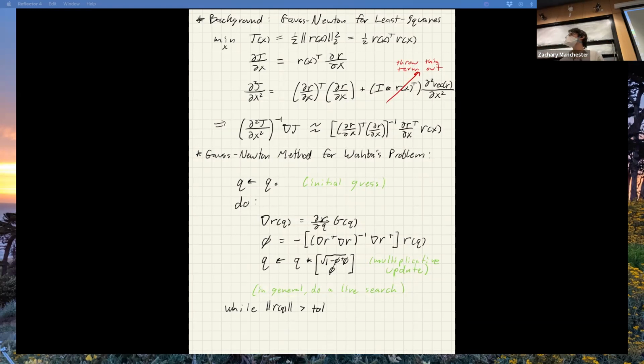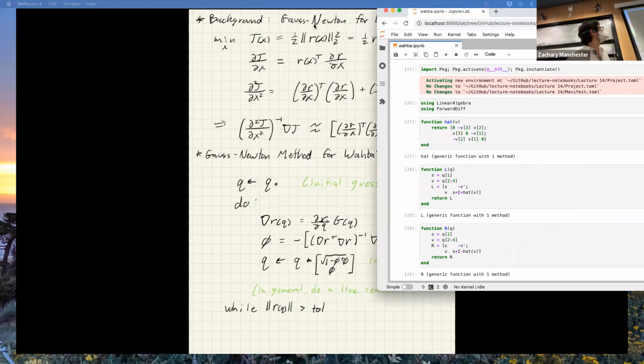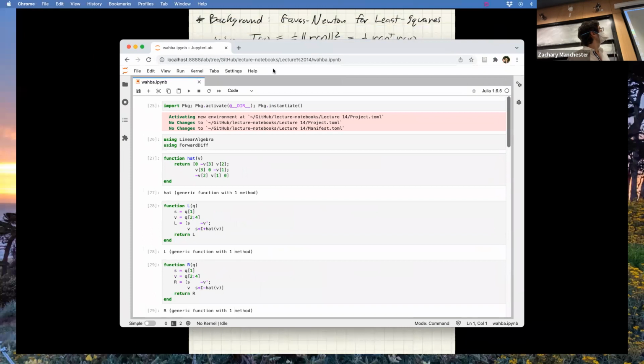Okay, everyone good? So we're now going to do some code stuff. Here's the code. So what's in here? This is the hat cross product matrix thing that we talked about. This is the left multiplication matrix operator for representing the quaternion multiplication.